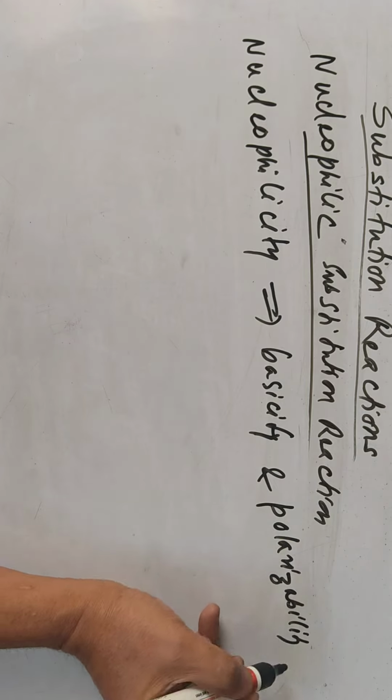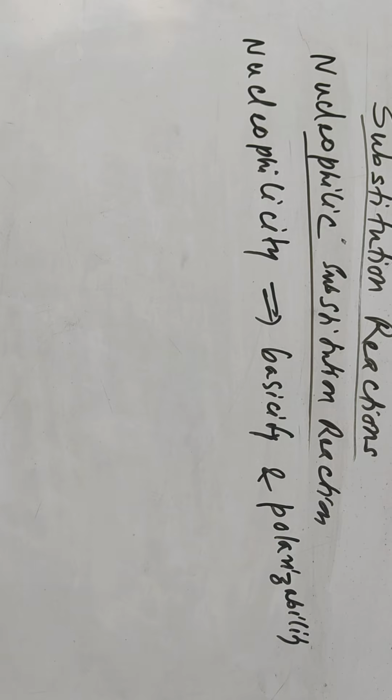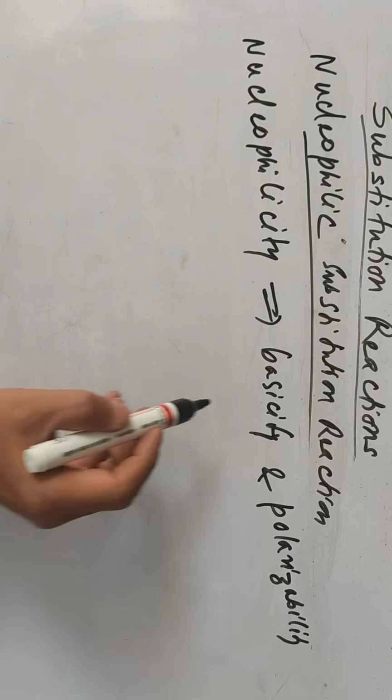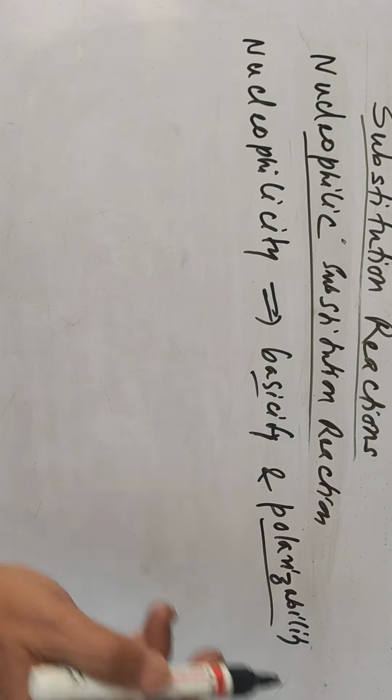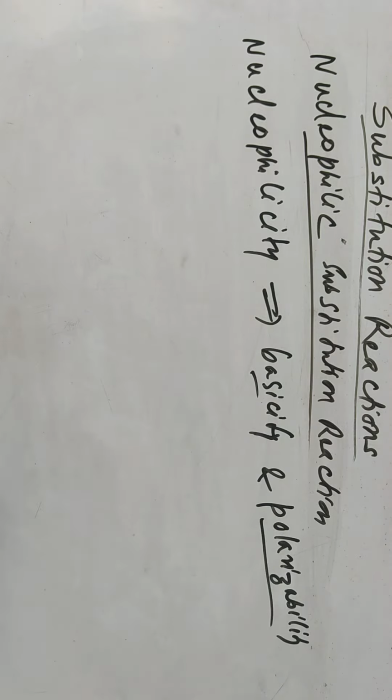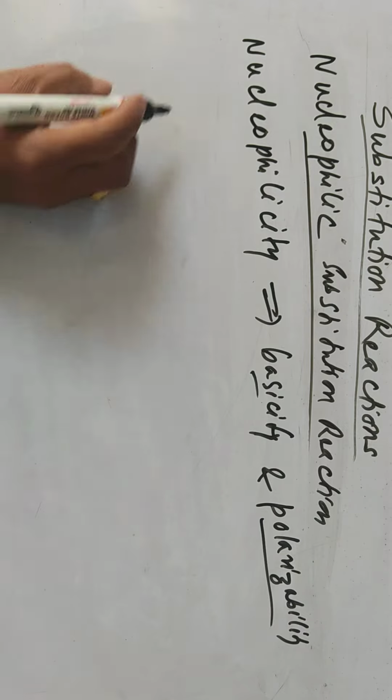So we have discussed earlier for nucleophilic substitution: the leaving group should be a weak base. For a good nucleophile, it depends on the basicity and polarizability of the compound. Nucleophiles with a negative charge are usually better nucleophiles than neutral analogs. So the first one is basicity.